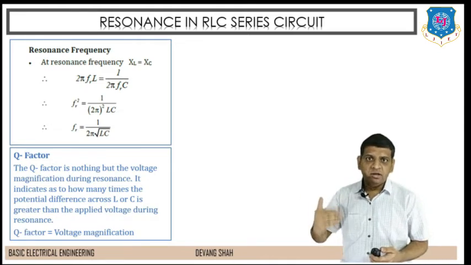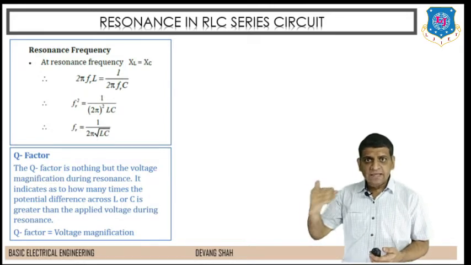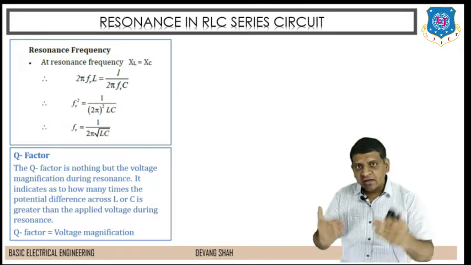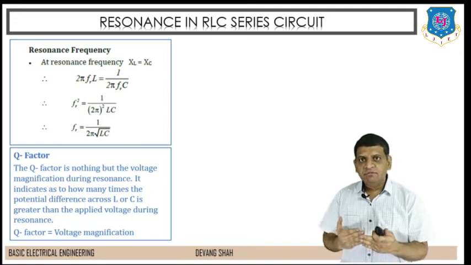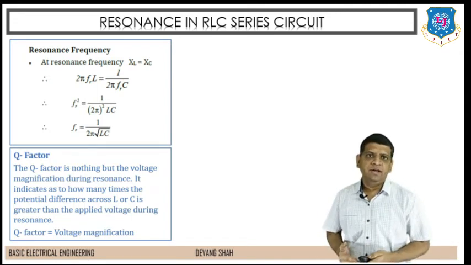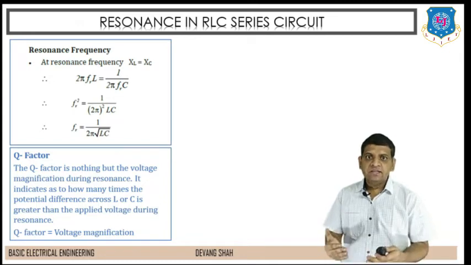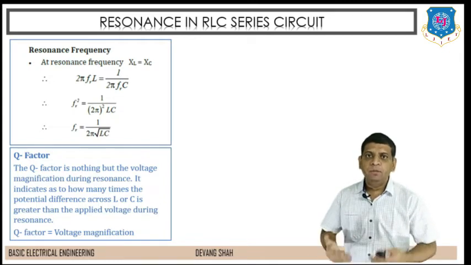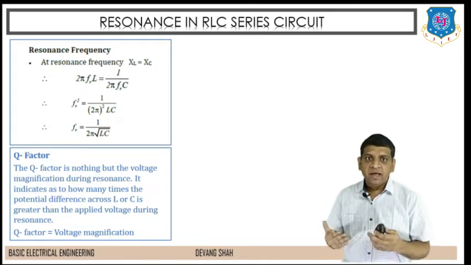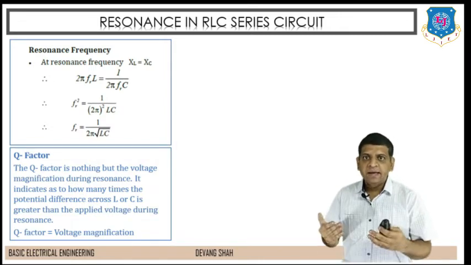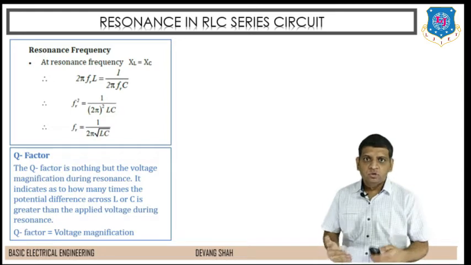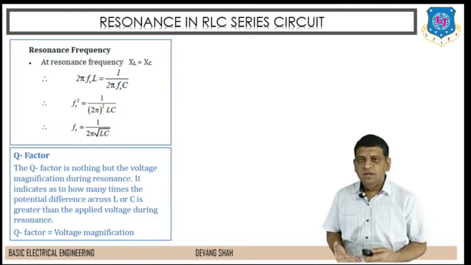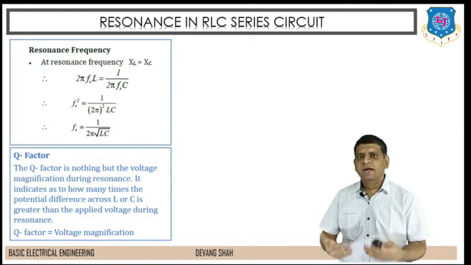At resonant condition, XL is equal to XC, what should be the magnification of voltage across inductor and capacitor? That factor I define as my quality factor. It indicates how many times the potential difference across L or C is greater than the applied voltage during the resonance. So Q factor is nothing but the voltage magnification.